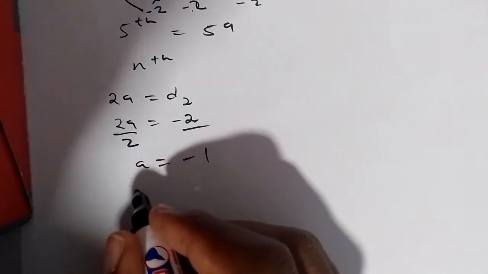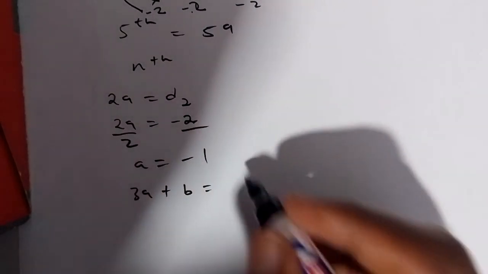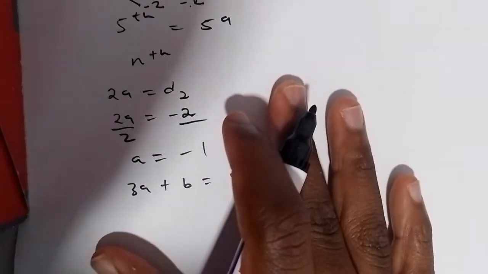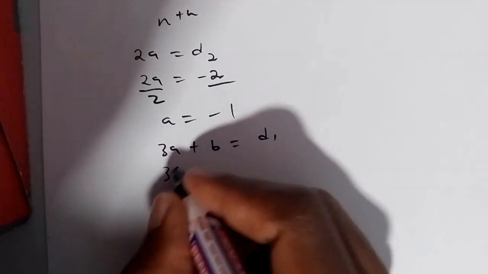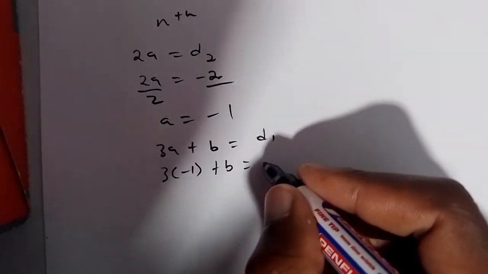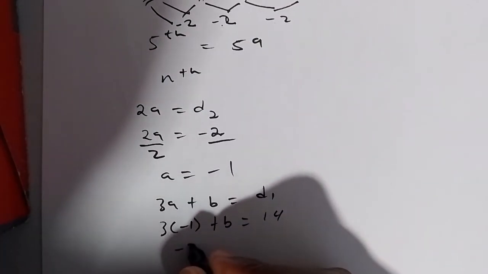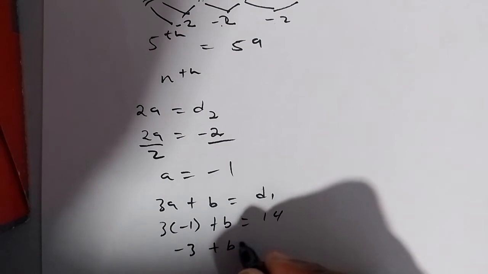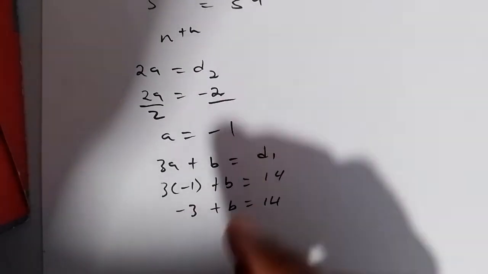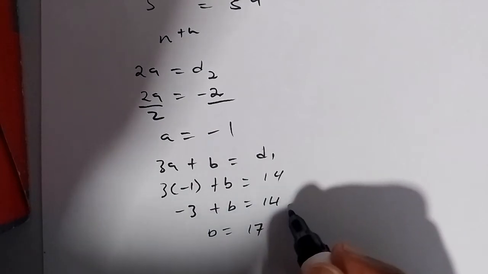I can get it by saying 3a plus b equals d1. 3 into negative 1 plus b is equal to positive 14. Then negative 3 plus b is equal to 14. Then b is equal to 17, because if I take it to the other side, it's going to be positive.